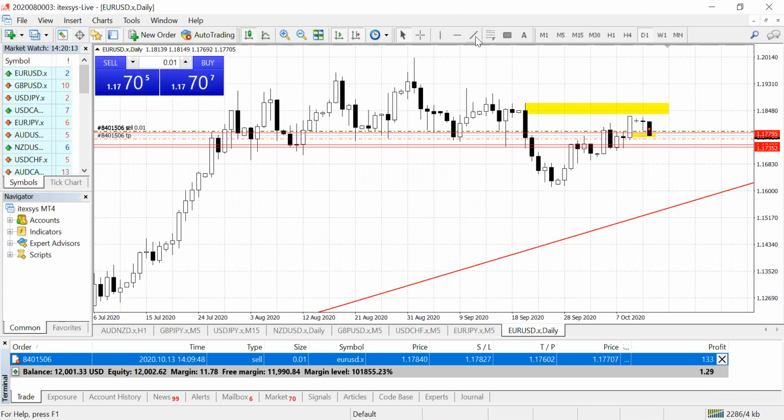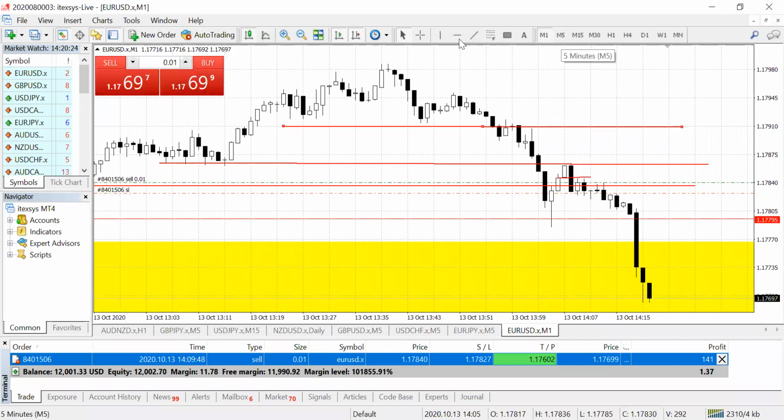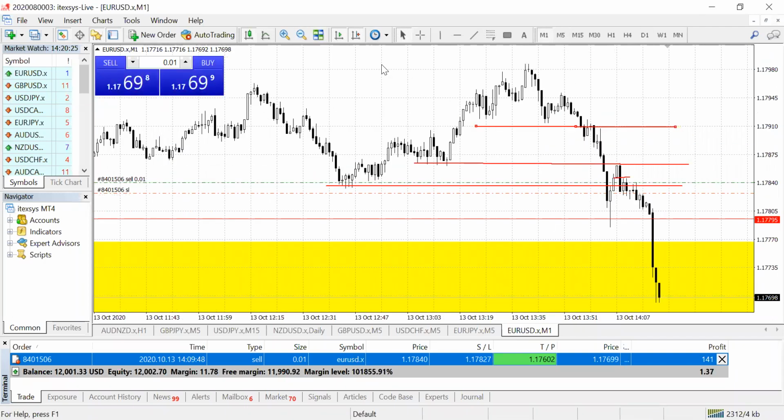If you're on a sell order somewhere here, this could be a good level for a stop loss. It's the same as here, you have your pivots right there. So pivots, trend lines, support, resistance, supply and demand, those patterns happen in all time frames.